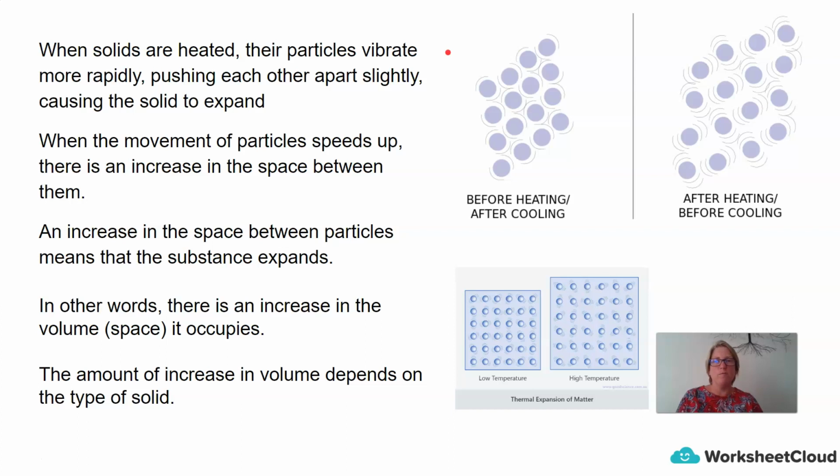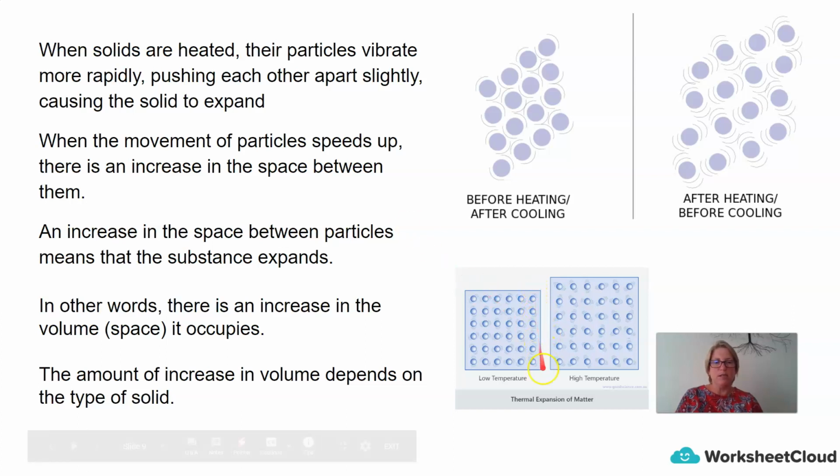So when the movement of particles speeds up, there is an increase in the space between them. So look at the space between the particles here, and after heating, look at the space between the particles. So that means there is an increase in the space between the particles, which means the substance expands.